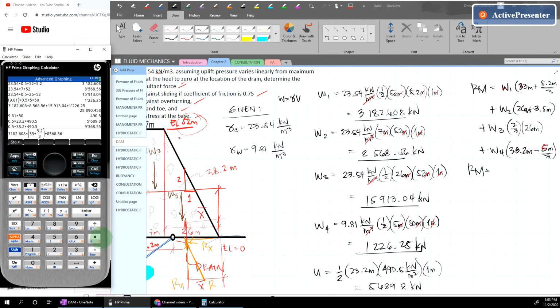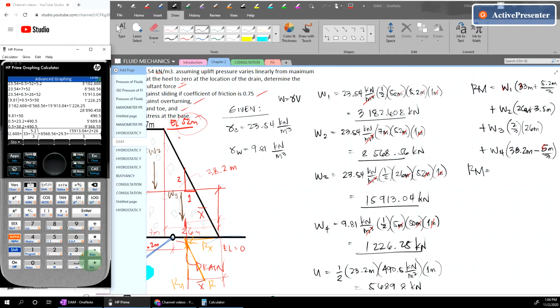Okay? Then plus, yung weight 2 natin is 8.568. Times the moment arm. So, 26 plus 3.5 is 29.5. Okay? Then plus weight 3, 15,913. Moment arm is 2/3 or 2 times 26 over 3.